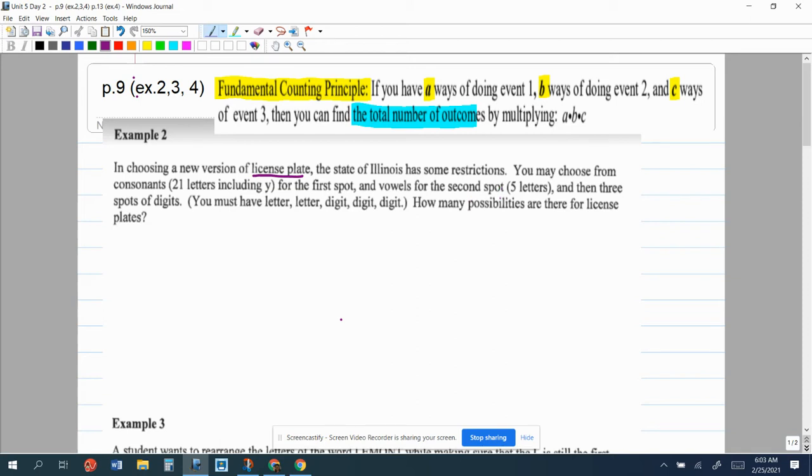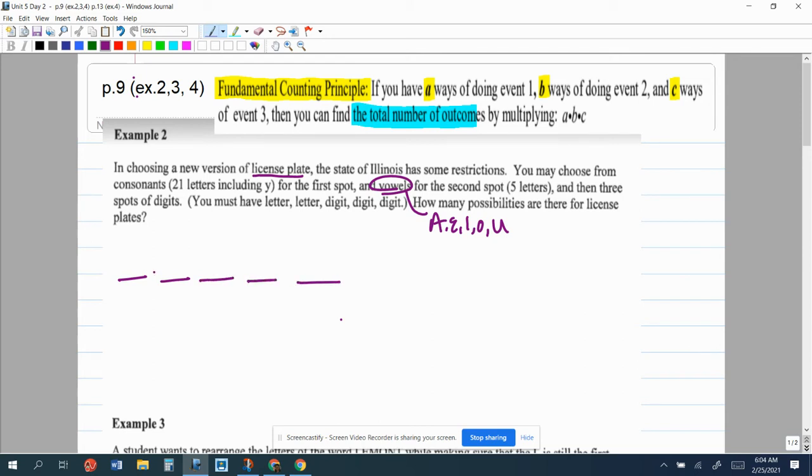Vowels meaning A, E, I, O, and U. And then three spots of digits. So we must have, here's my illustrative example here. You must have letter, letter, digit, digit, digit.